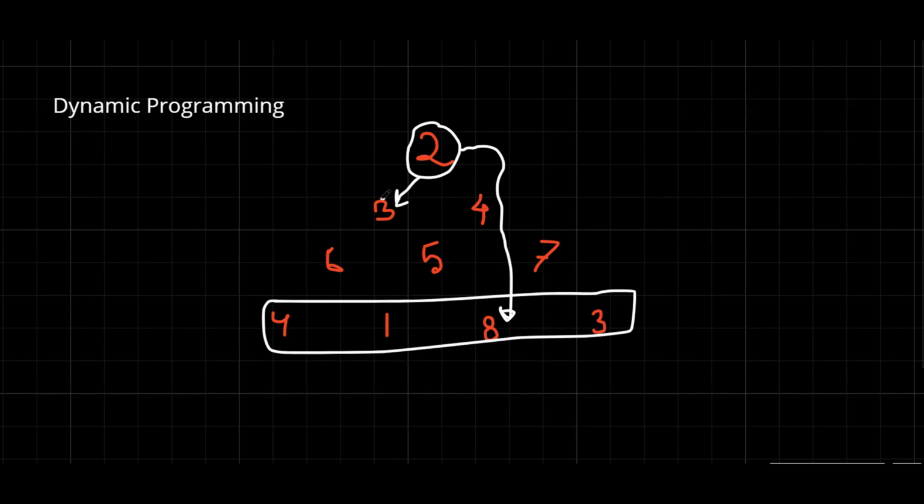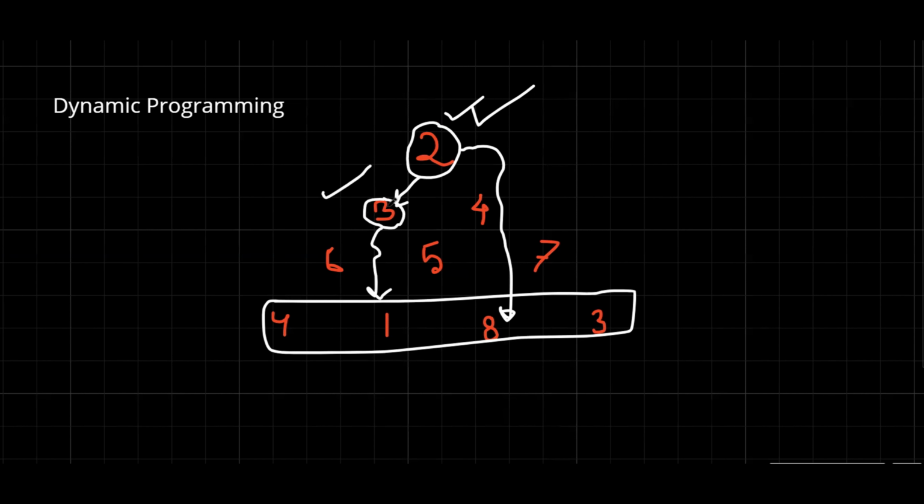Now our problem is: what is the minimum cost we have to pay if we want to reach the bottom row from this 3? Previously, our problem was to reach the bottom row from the top element 2. Now our problem is to find the minimum amount we can pay to reach the bottom row from this subordinate element 3. So it is a subproblem, right?